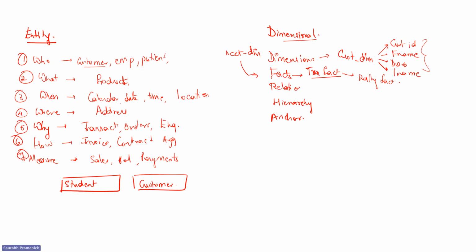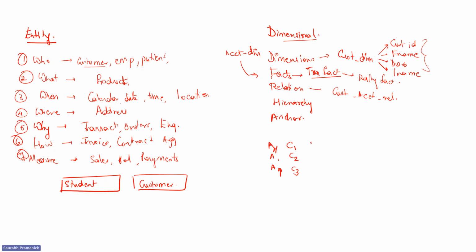Then you have the relationships. For example, if you want to find out customer and account relationships, you can have a customer account relationship table that will help you give the relationship between your customer and account. For example, you have one account A1, and in this account A1, you have three customers, C1, C2, C3. Now, these three customers are associated with my account.